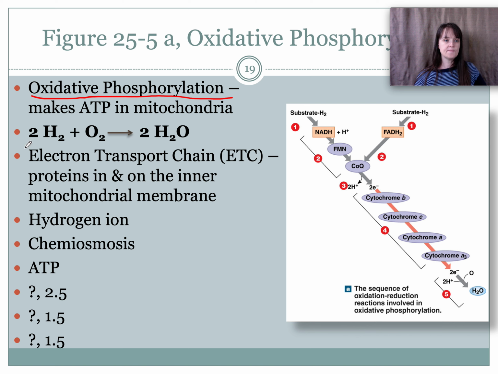The reaction, basic concepts: 2 hydrogen molecules plus an oxygen molecule makes 2 waters. So we've been talking about hydrogen ions, which are H+, and now we're talking about hydrogen molecules, which are H2. So that's different.